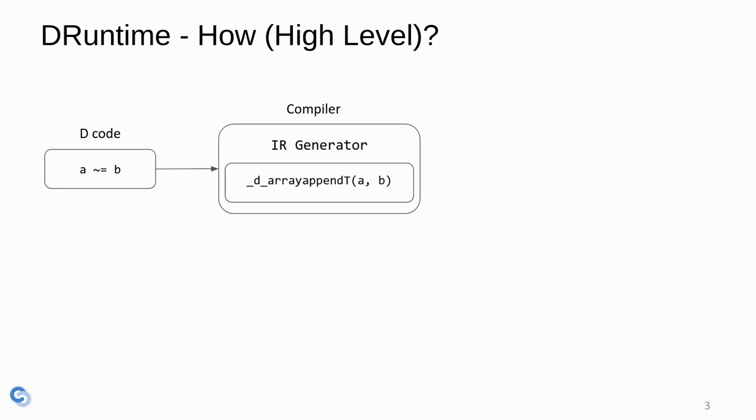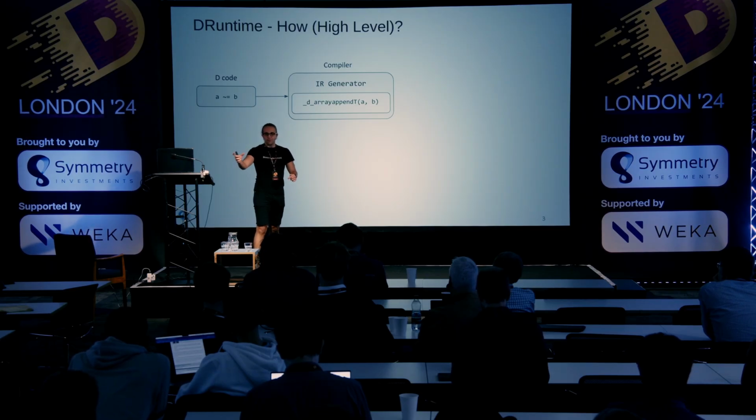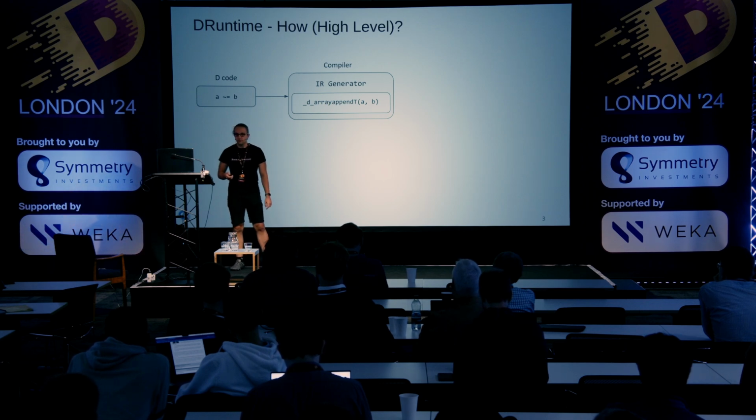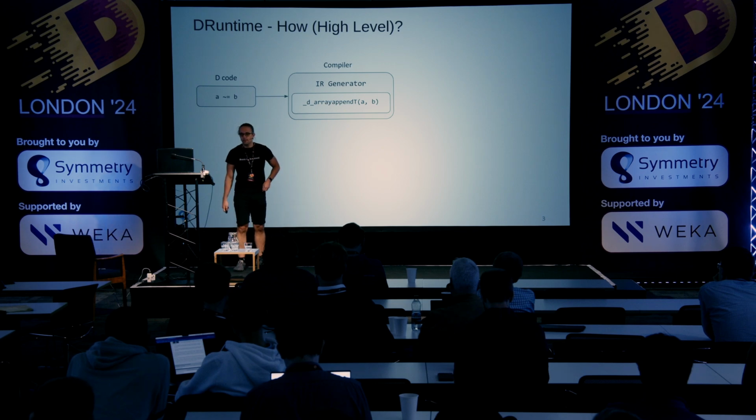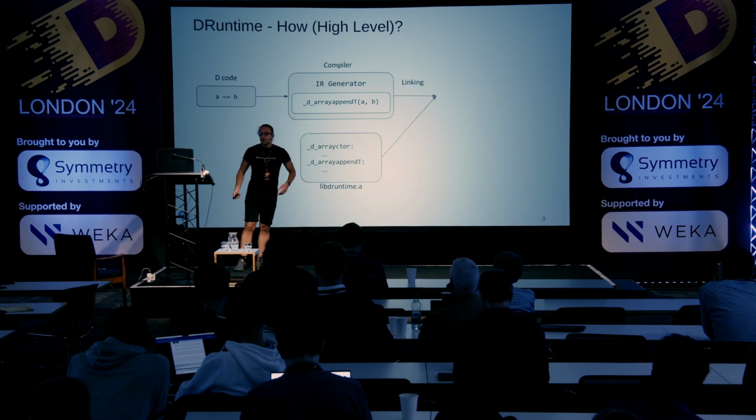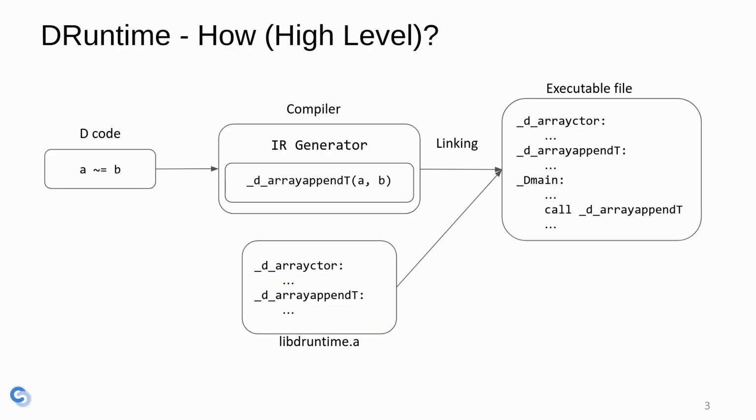Basically, hooking works by having the compiler look into the runtime, find the proper function with which to replace some higher level code, and do this replacement. So this is called hooking. And all these functions you'll see are prefixed with a _d_ prefix.